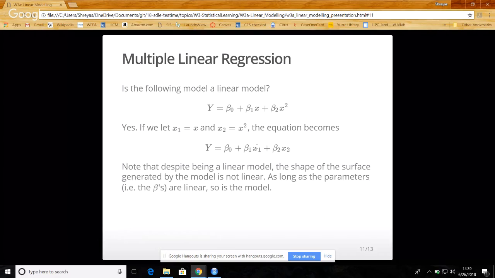So it's important to keep in mind that as long as your beta parameters are linear, you have a linear model irrespective of what your x terms are, because you can always do a power transformation like x3 equals x squared. It is also worth noting that the shape of this equation would not have a linear shape. So it's not required for you to have a linear shape to have a linear model.